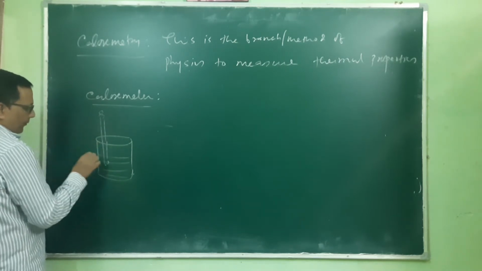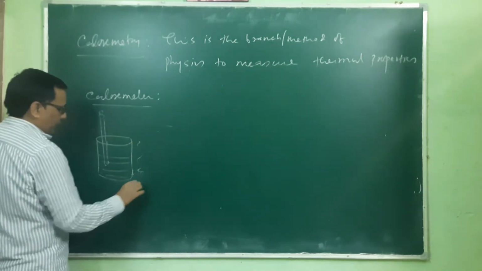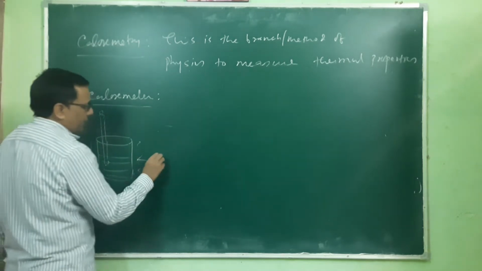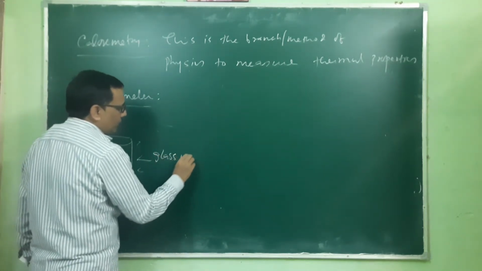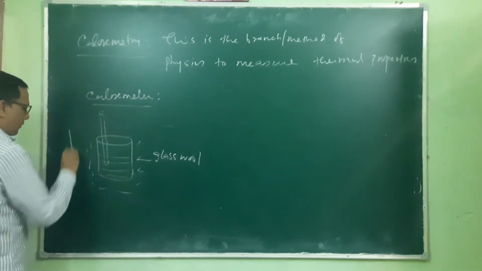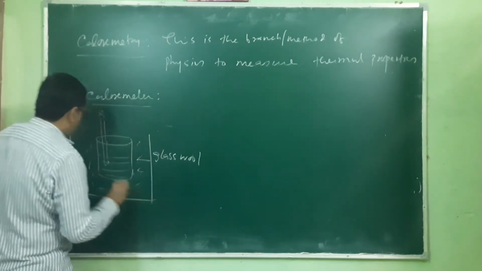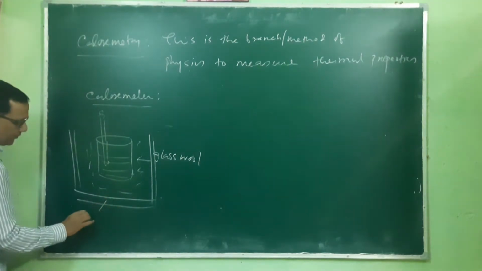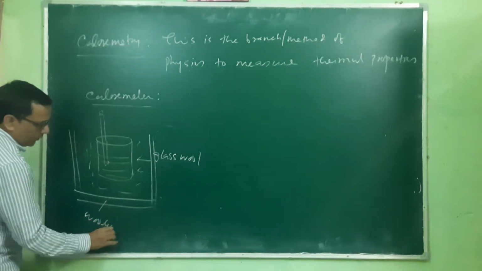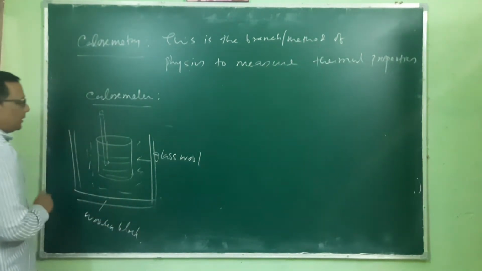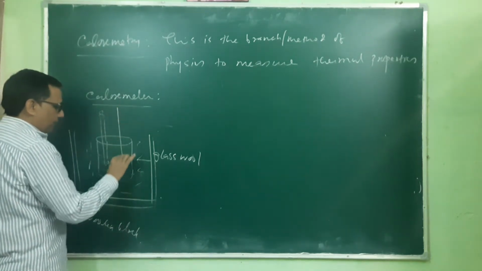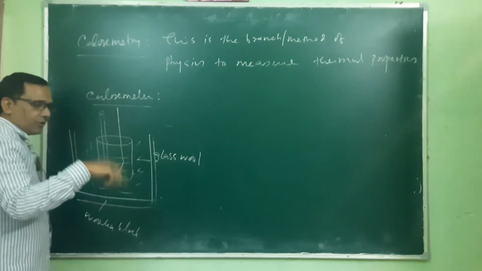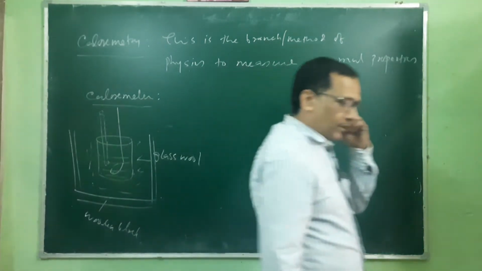So glass wool is surrounded here, and it is now packed with a wooden block. So this is completely isolated. And one stirrer is also inside this to stir the materials.